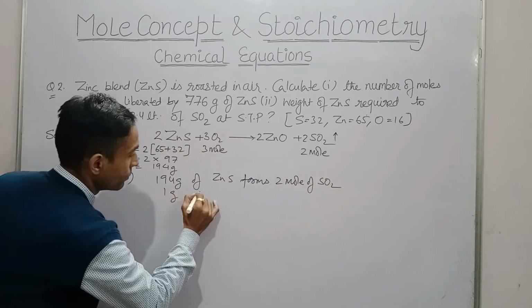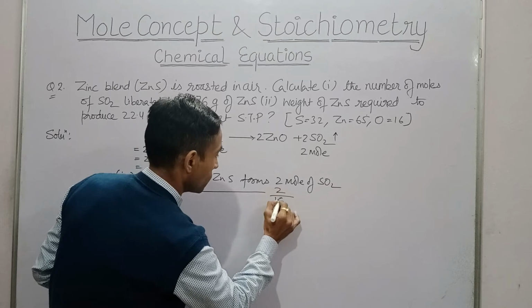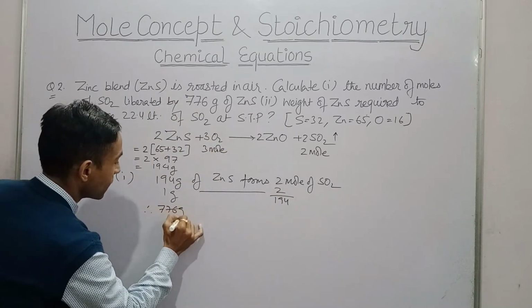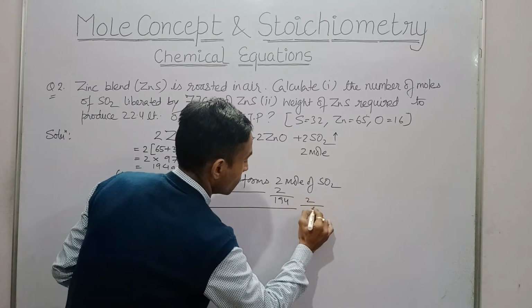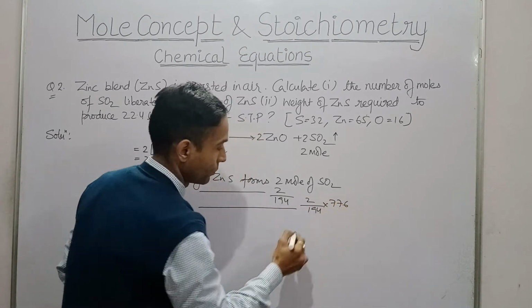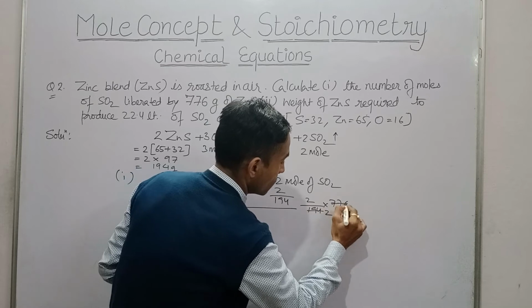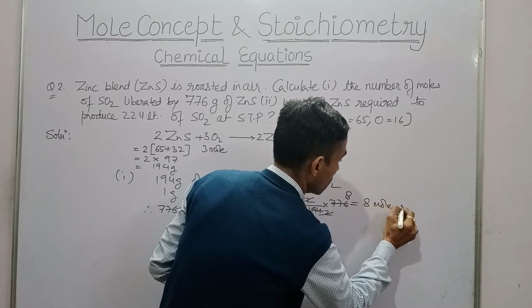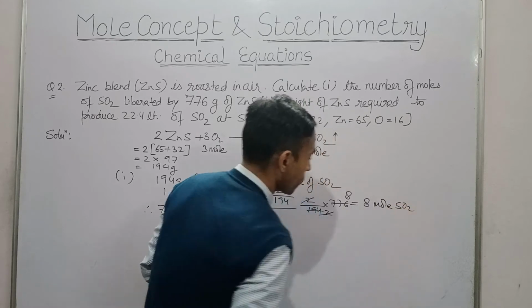Therefore 1 gram, and therefore 776 gram, so 8 mole of sulfur dioxide is formed.